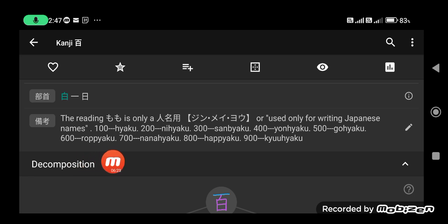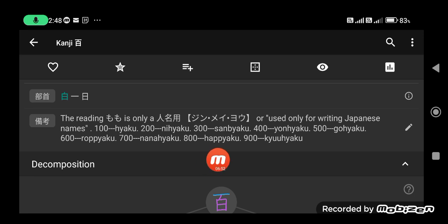600 roppyaku, 700 nana hyaku, 800 again the principle of dakuten, handakuten. This is not hachi hyaku but hachi plus pyaku. In that hachi plus pyaku, you drop the chi, because chi is also a consonant doubler.